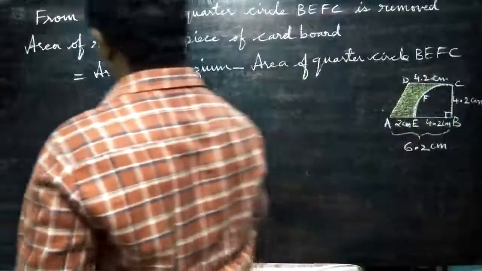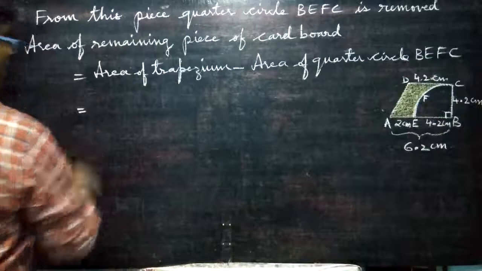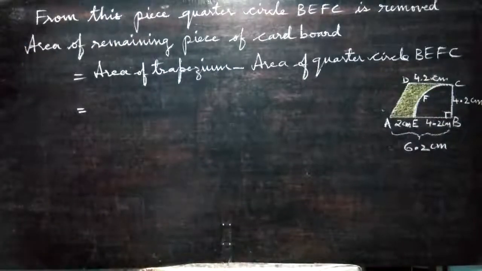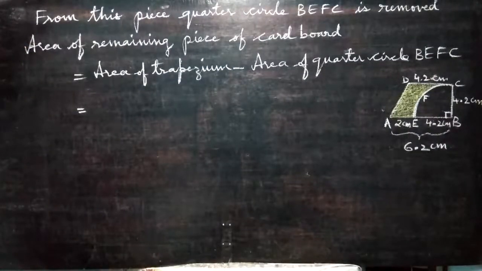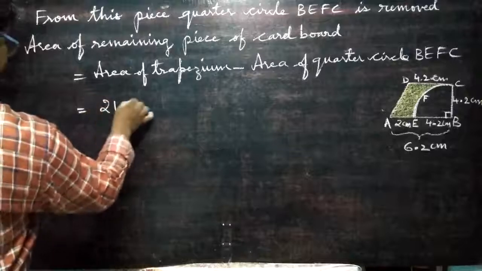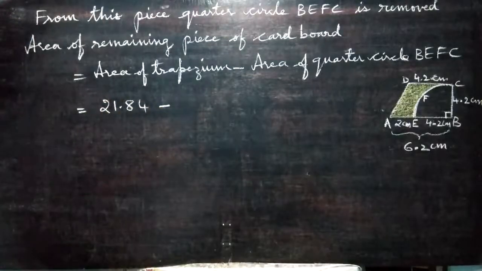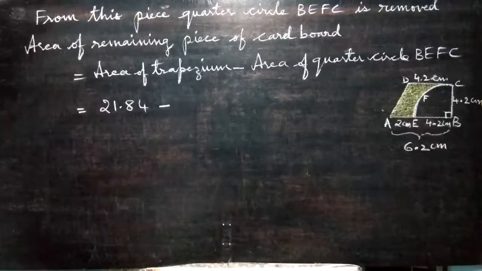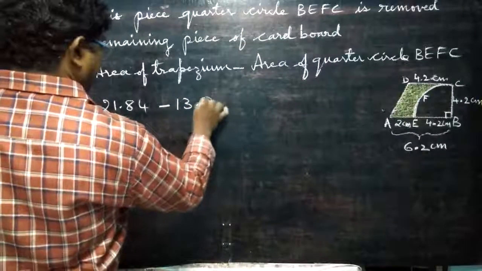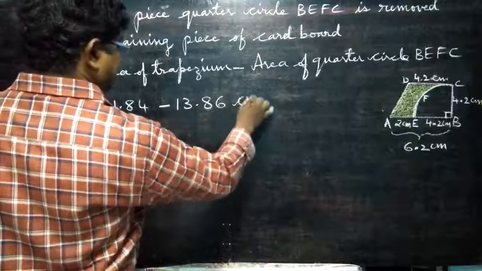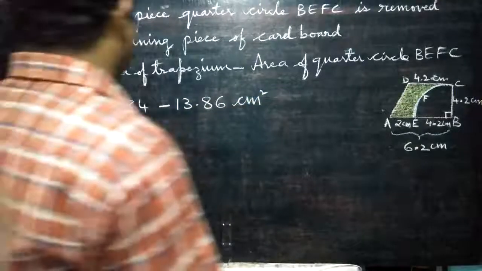Removed means minus. How much we got? Trapezium 21.84 we got. Subtract. Quarter circle, how much we got? 13.86 centimeter square. Subtract.